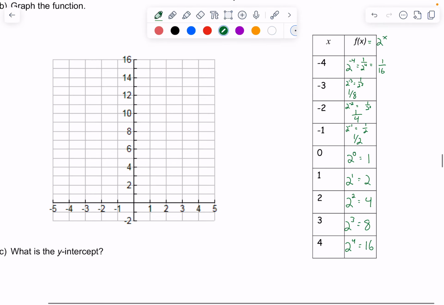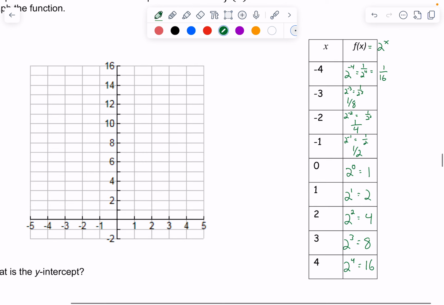Again, like every other problem we've done, you're just getting ordered pairs. Your table values give you ordered pairs. So we're plotting the coordinate in this first one, minus 4 and 1 over 16. Here we're plotting minus 3, 1/8.